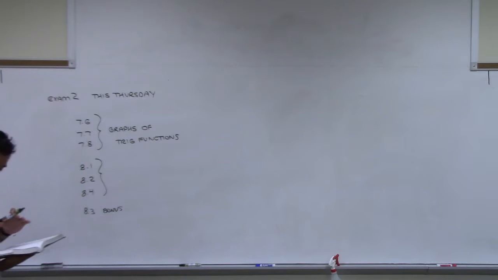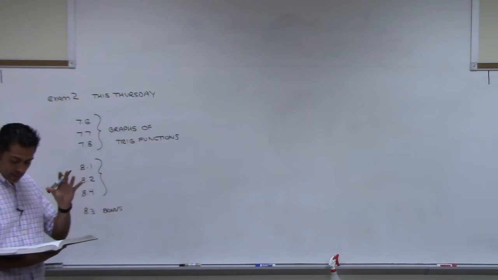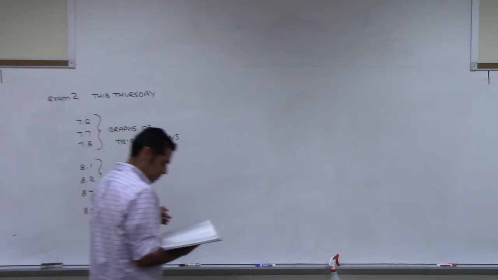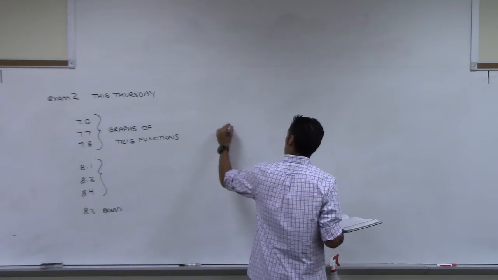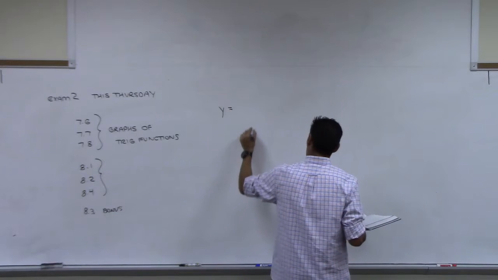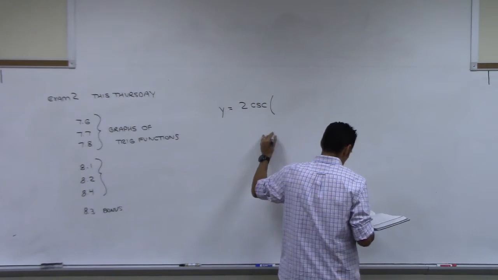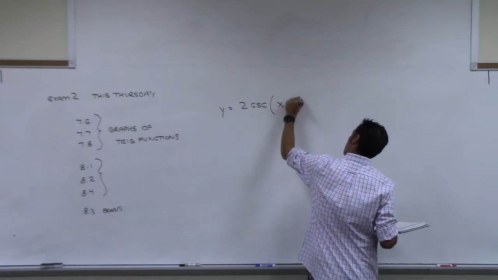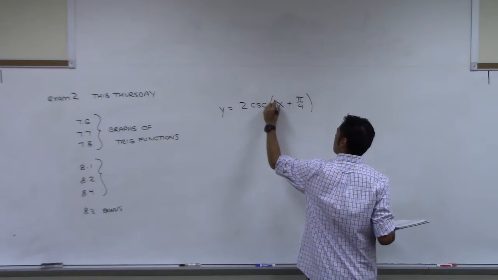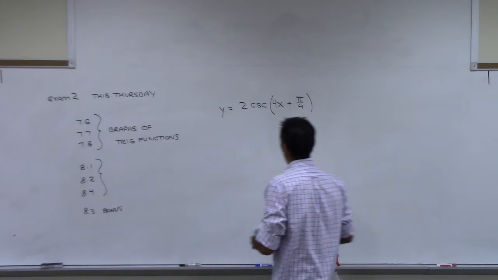Right away, this one looks pretty good. y equals, with one slight adjustment, 2 cosecant of x plus pi over 4. I might be more inclined to put something like 4x plus pi over 4.